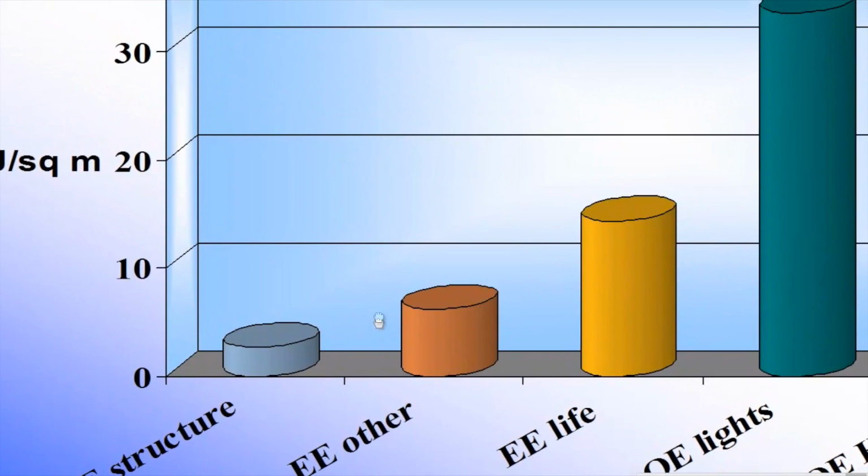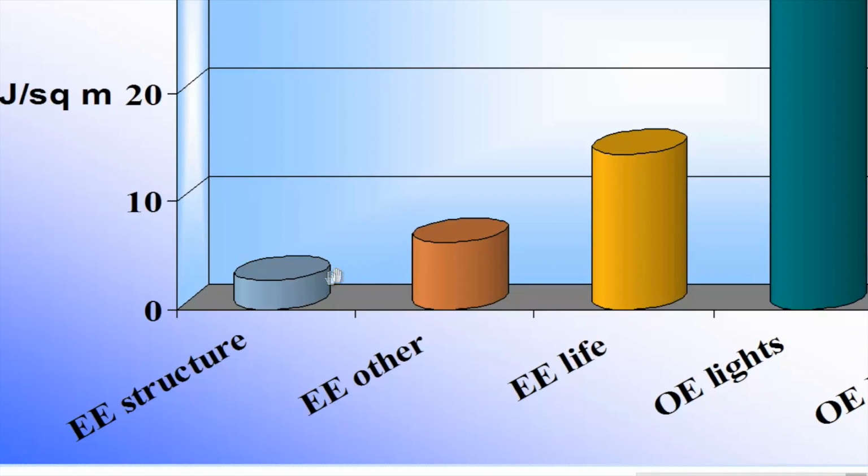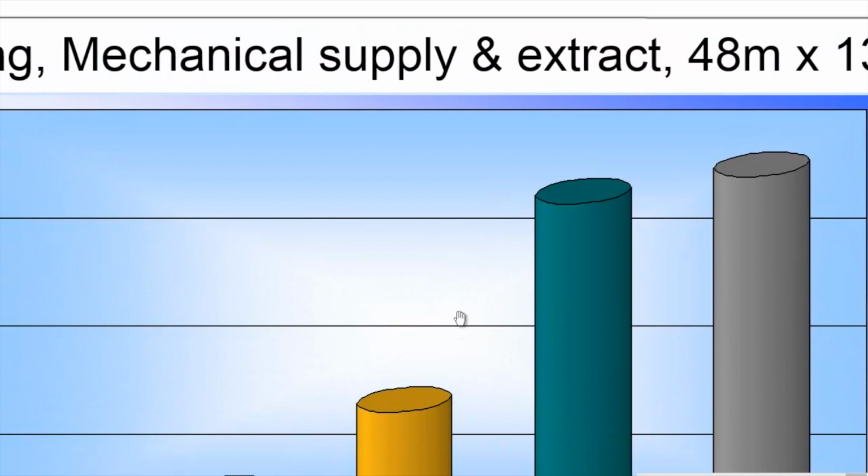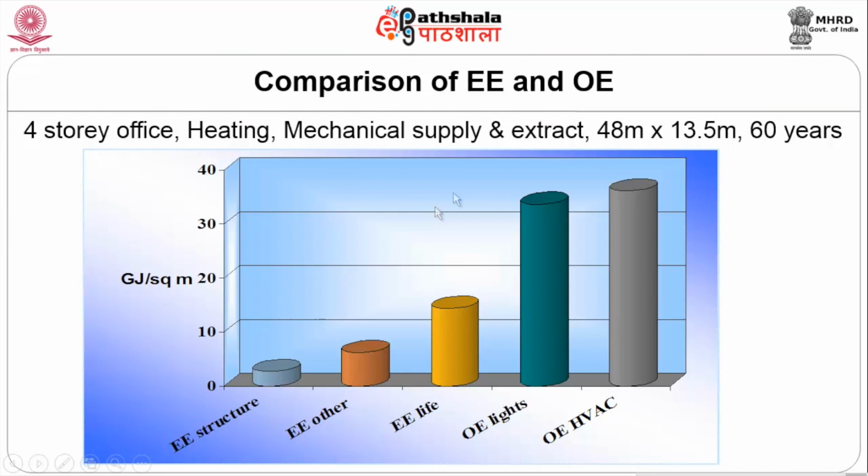So, for electrical structures it is somewhere around 0 to 5, and for other electrical energy it is more than 5, and operational energy like lights gives a value of about 30 to 40, and other HVAC usages also give a value of about 35 to 40.